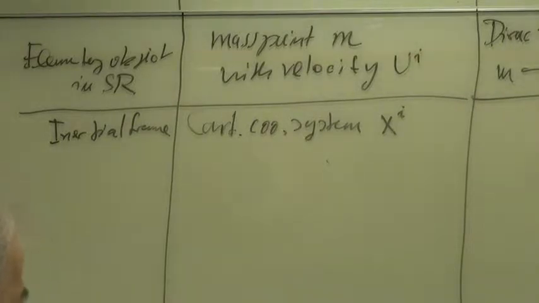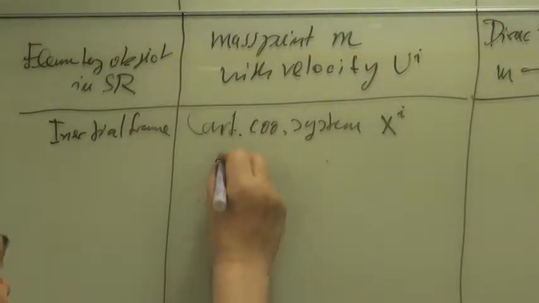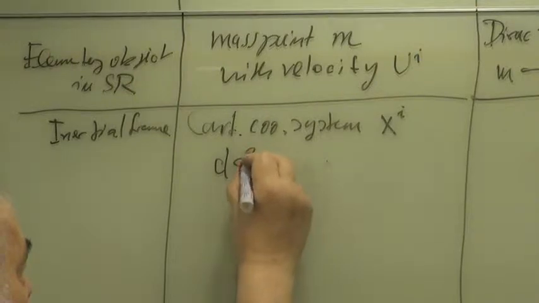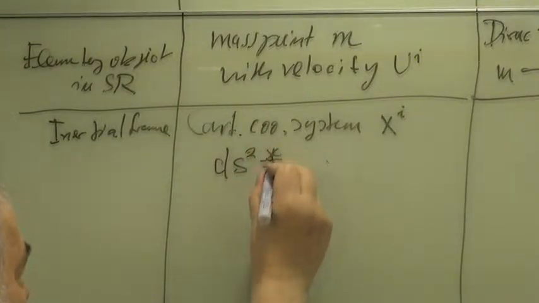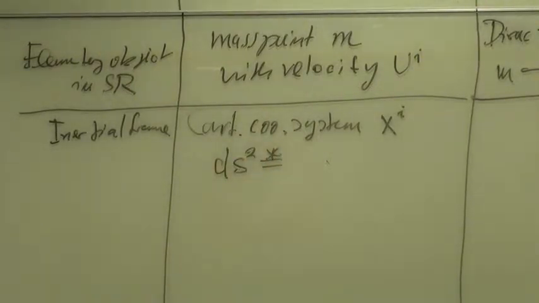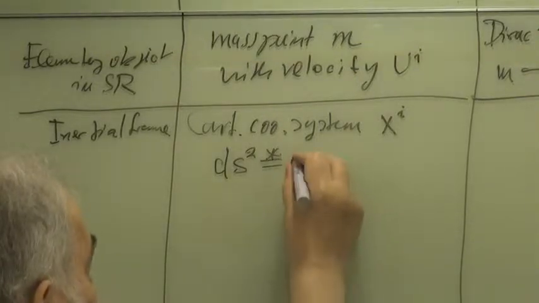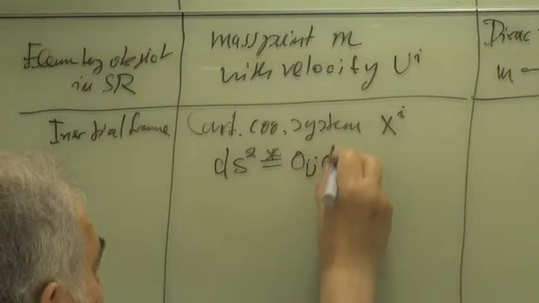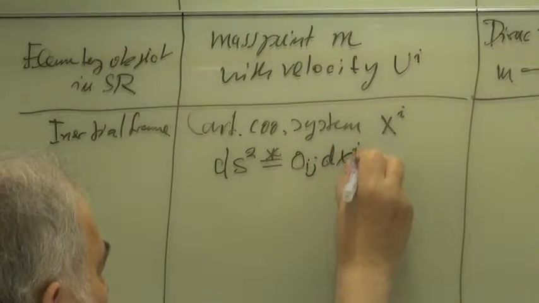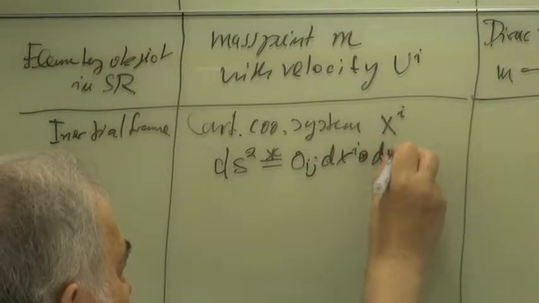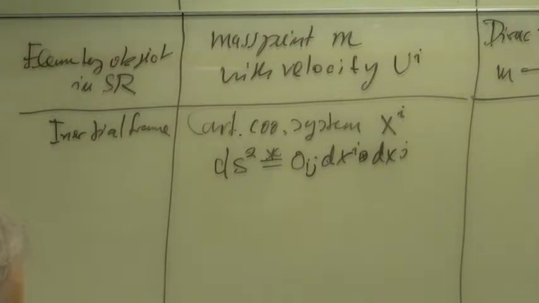And in the inertial system, that is in this coordinate system, ds squared, starred for this special system, is eta_ij dx^i tensor dx^j. Eta_ij is a Minkowski diagonal matrix.